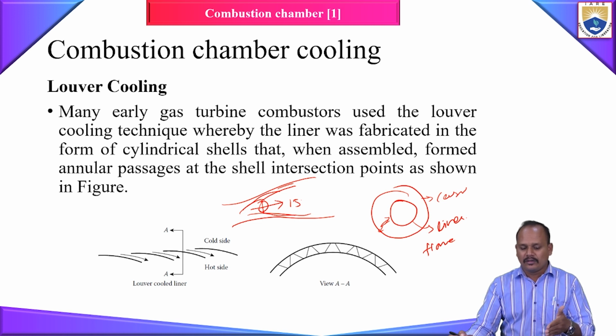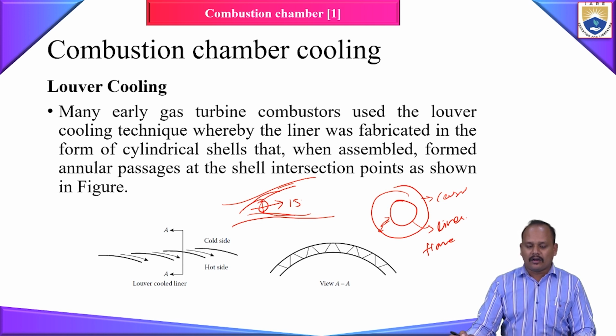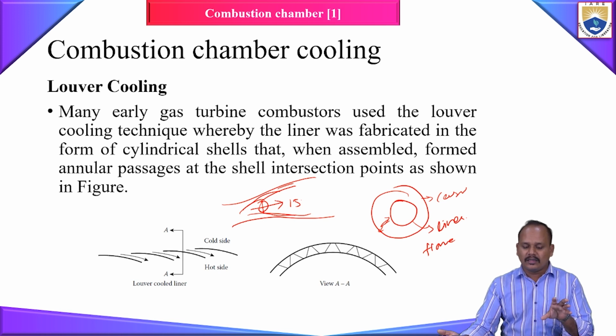We can reduce that because the cooling air continues to move through the passage between the liner and casing. The issue is with the liner or flame tube, where the material is directly exposed to the high temperature.